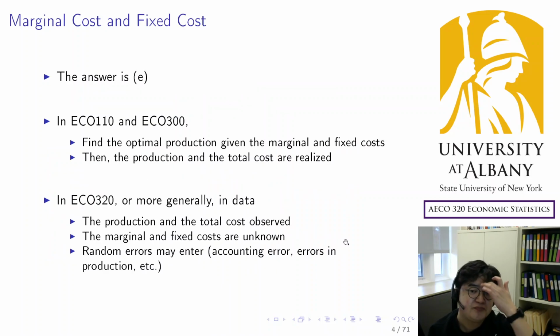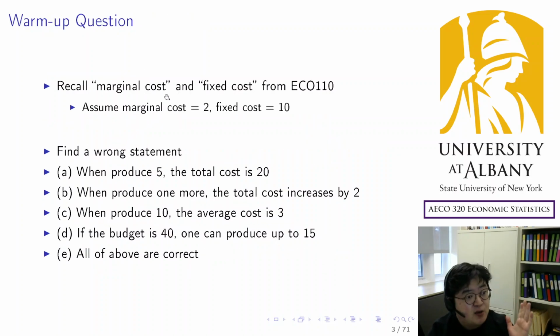So then, why did I show you this? Well, it is no statistics at all. But what I wanted to show you is that in microeconomics, you assumed the marginal cost is, say, a number, and the fixed cost is given by another number, and then you learned how to think about these situations.